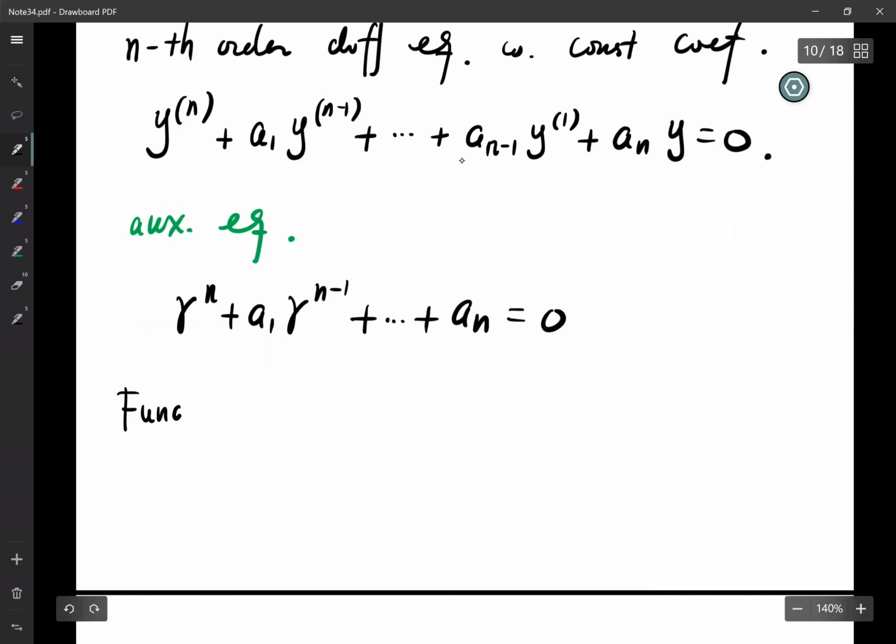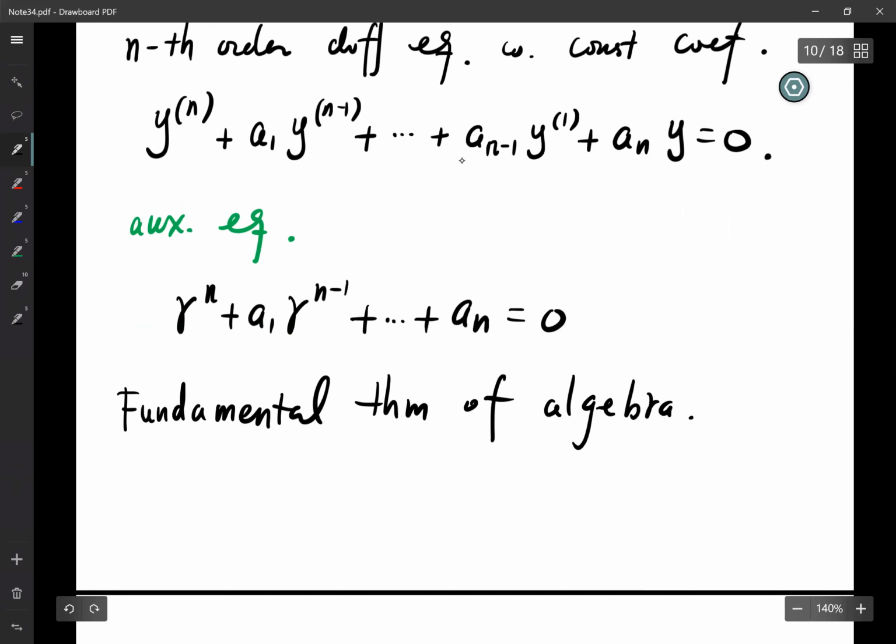We briefly talked about the fundamental theorem of algebra before. You don't need to know the proof of it. You just need to know for any nth order algebraic equation, there are always n roots, counting multiplicity.